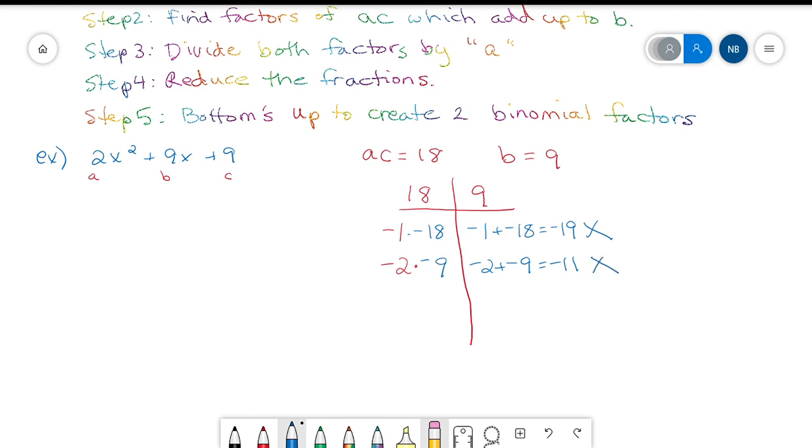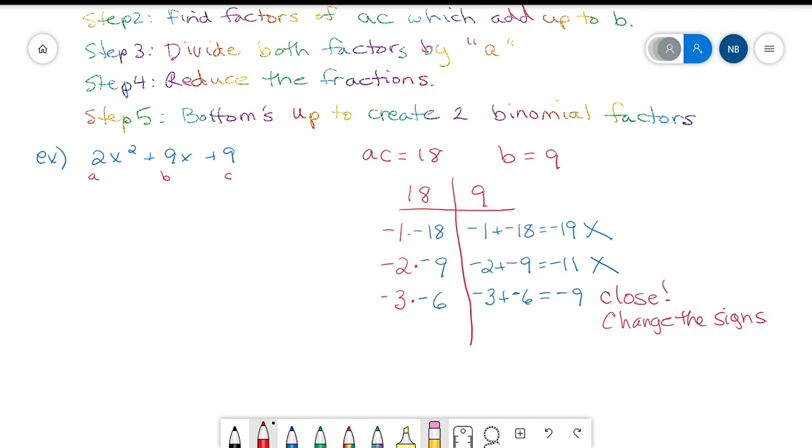Now we're going to divide 18 by negative 3. 18 divided by negative 3 is negative 6. We're going to add negative 3 and negative 6, and we're going to see that we get negative 9, which isn't positive 9, but it's super close, as we've seen in our other lessons. So all we need to do is change the signs.